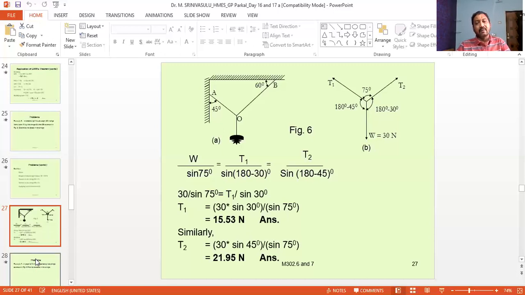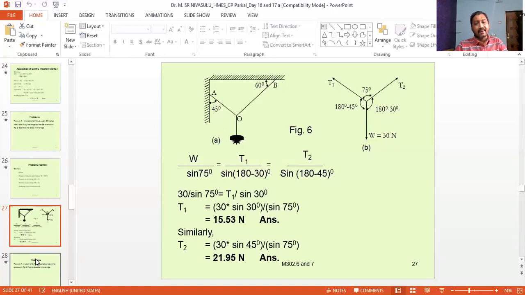So now we got the three angles, that is, the angles between the forces. Now we know that the force in the string OA is T1, whereas the force in the string OB is T2.